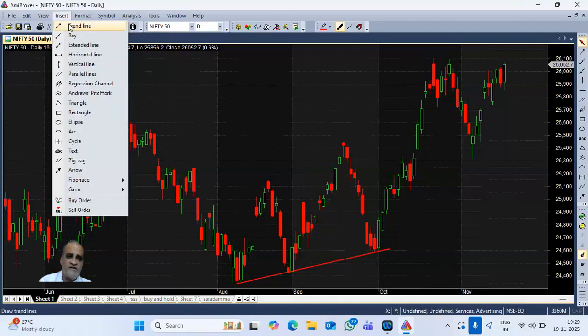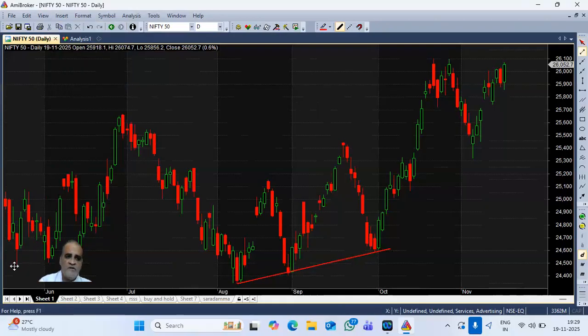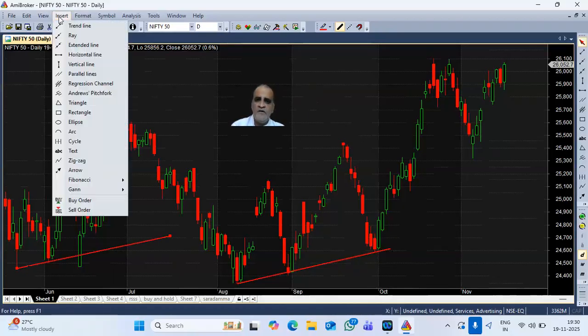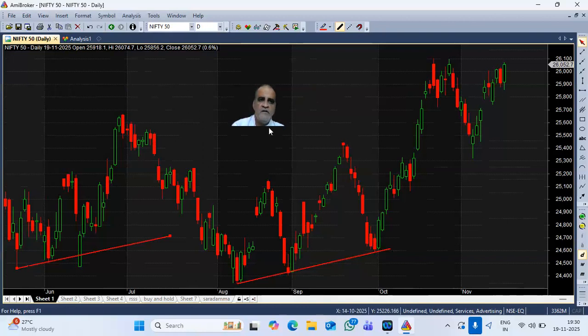when we wait till this one is breached, here we have a low. We have a low. And we have another low like this.